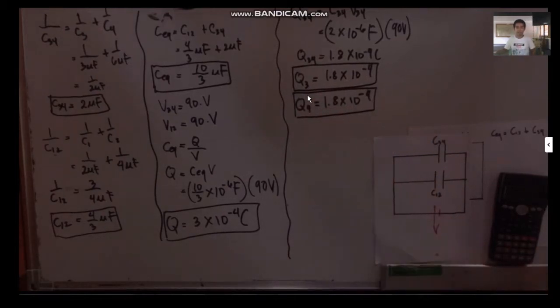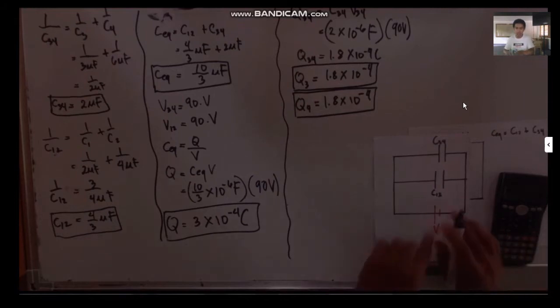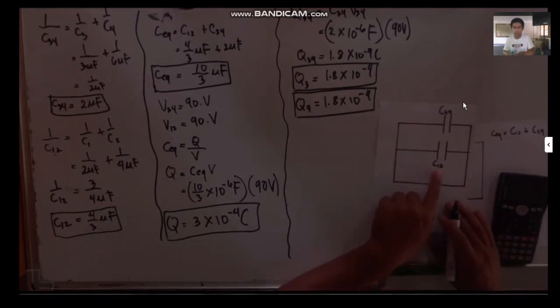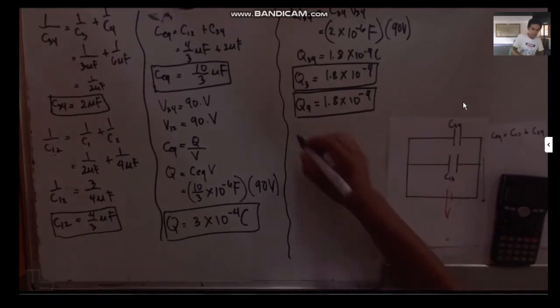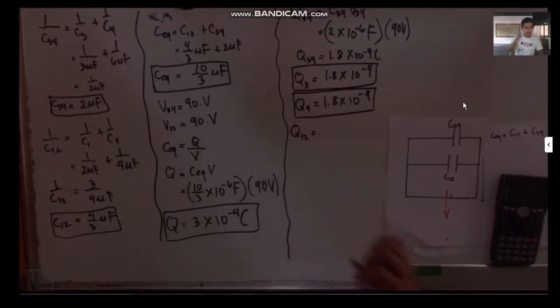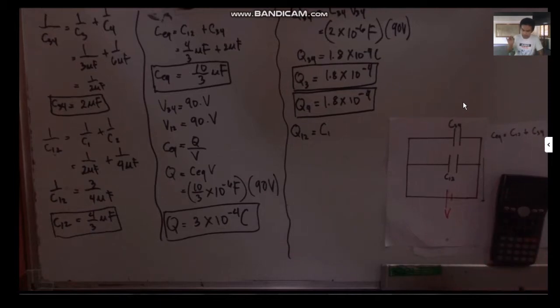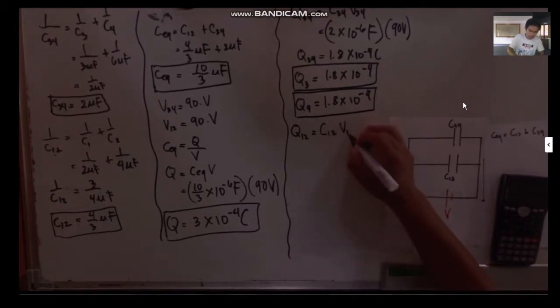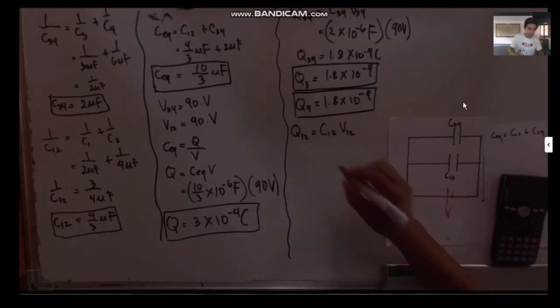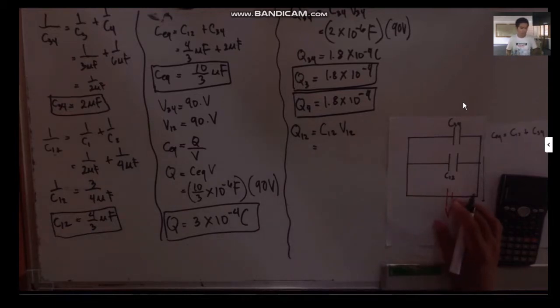Alright, next is the charge combination, charge of 1, 2. So charge 1, 2 must be equal to the equivalent capacitance of 1, 2 times the voltage across 1, 2. What is the capacitance 1, 2?